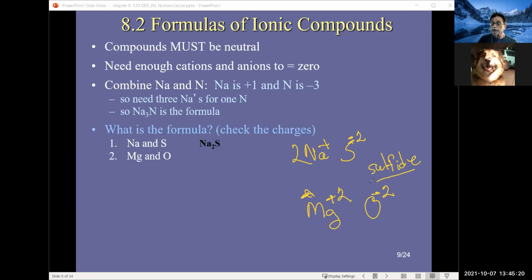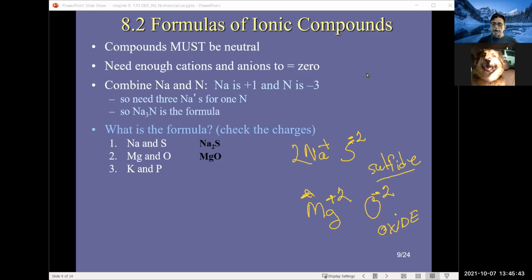It's a nonmetal. It will gain 2 electrons. Plus, we change the name to oxide. Since it's +2 to -2, we can very simply put them together 1 to 1. And hence the formula is MgO, magnesium oxide.